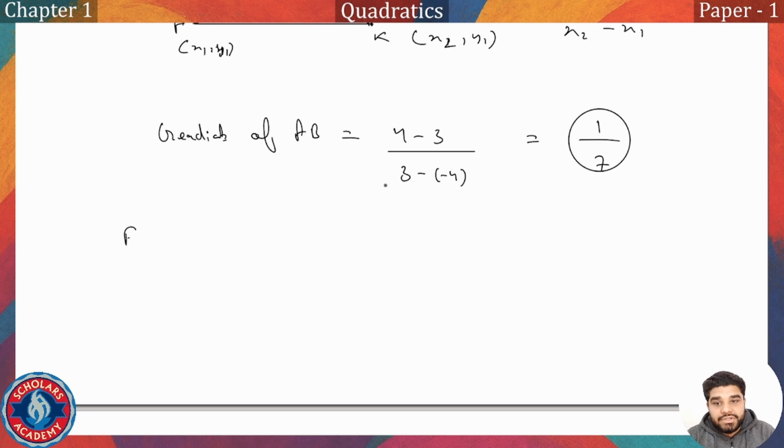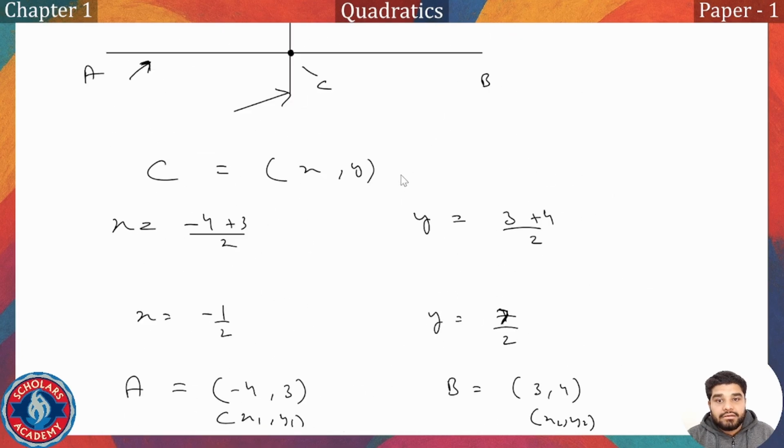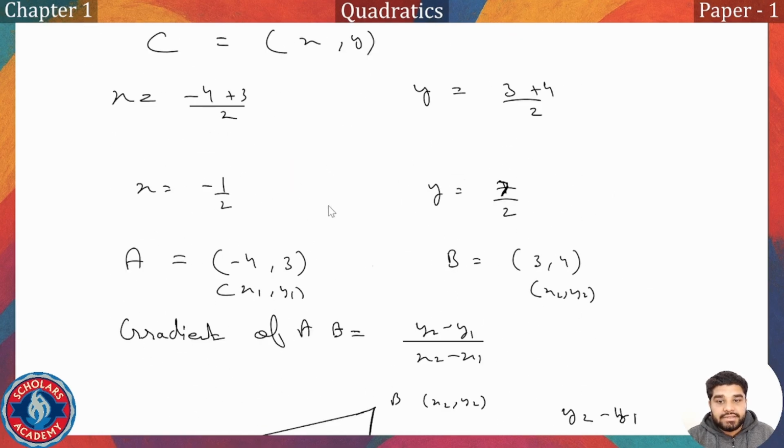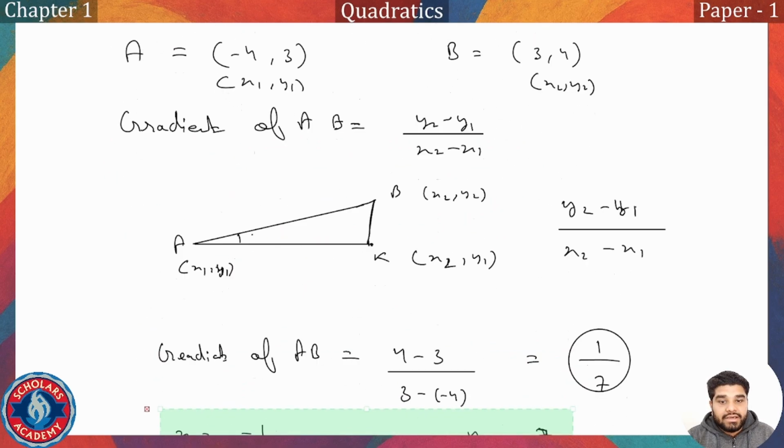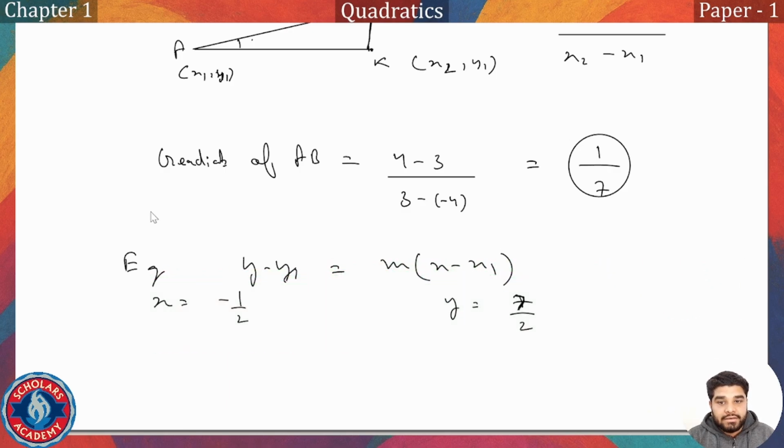So the equation of the line is y minus y1 is equal to m times x minus x1. So y1 and x1 are the point from which the line is passing. So that particular point is over here. So x is 1 by 2 and y is 7 by 2. So we'll take these two. We'll say this is x1 and this is y1. So we'll substitute it over here.